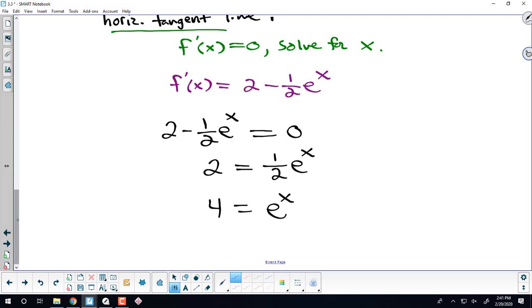How do you solve for an exponential with base e? Take the logarithm base e, the natural log. Natural log undoes e.